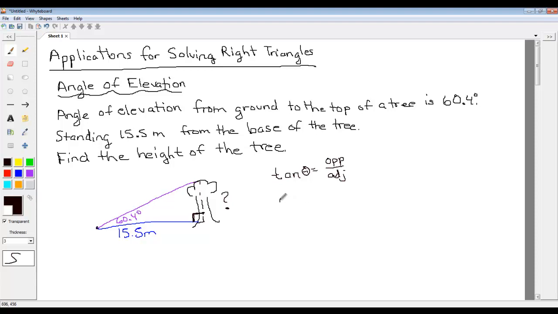So in this case, the tangent of 60.4 degrees is going to equal opposite, which we're trying to find, over adjacent, which we know. Multiply both sides by that 15.5 meters, and you can solve for x. So 15.5 times the tangent of 60.4 degrees.